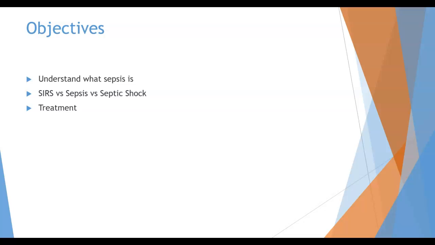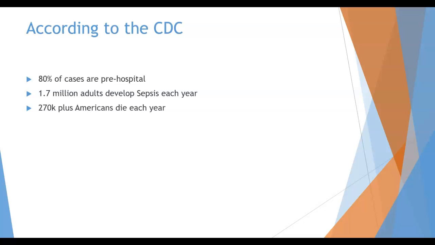We're going to understand what sepsis actually is, the difference between SIRS, sepsis, and septic shock, and then how we treat them. So getting into a little bit of what the CDC says about the data, specifically to sepsis, 80% of the cases are found pre-hospital.